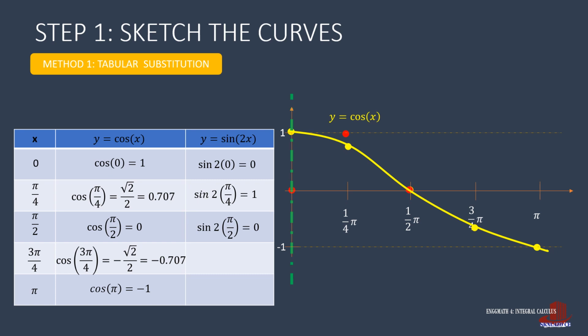When x is 3/4 of pi, y is taken as sine of twice of 3/4 of pi, which is negative 1. Then, if x is pi, y becomes sine of 2 pi, which is 0 again. Trace the points to have the curve for y equals sine of 2x.